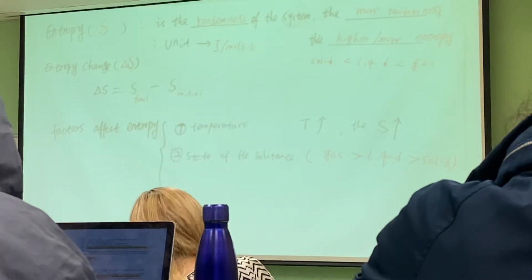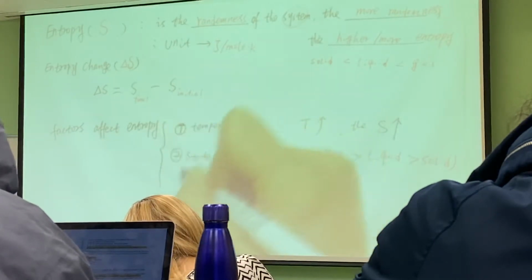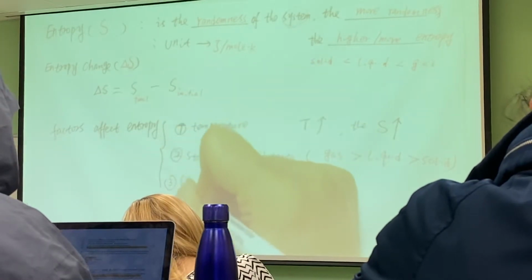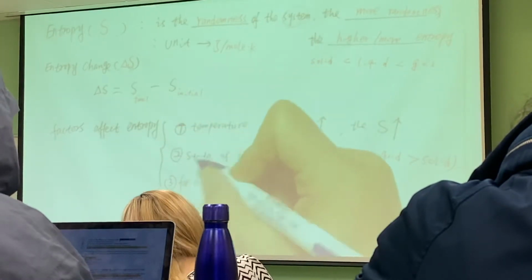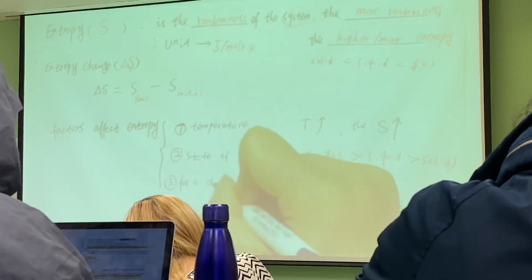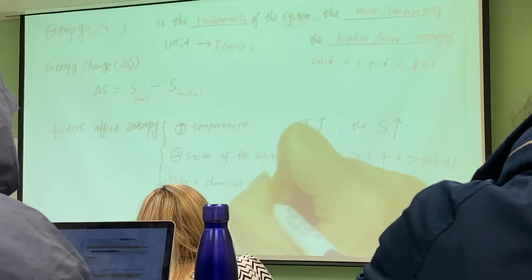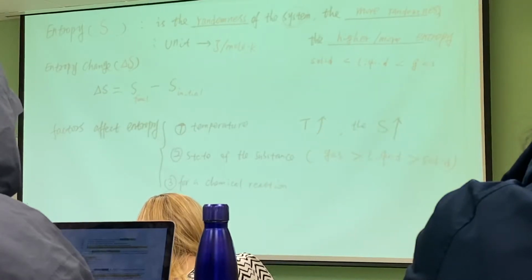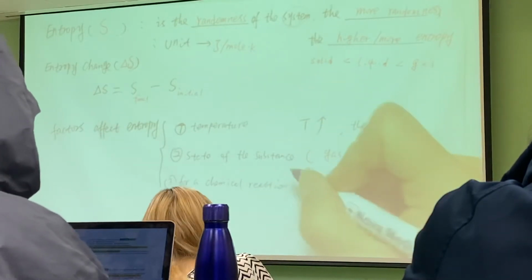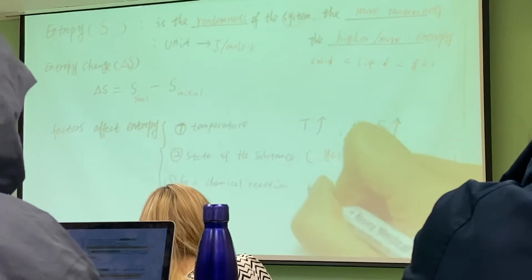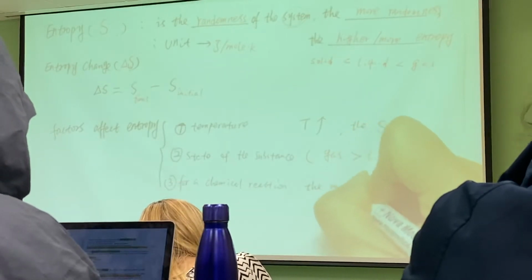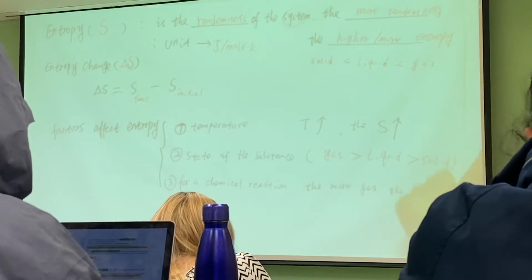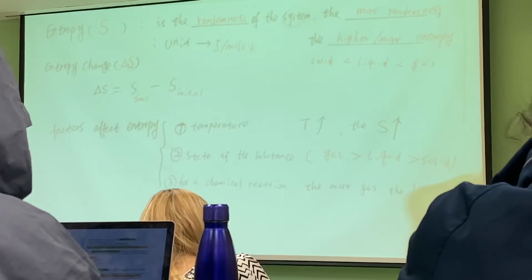And the third one, we talk about if it is a reaction. So for a chemical reaction, the more gas you have, the higher the entropy.